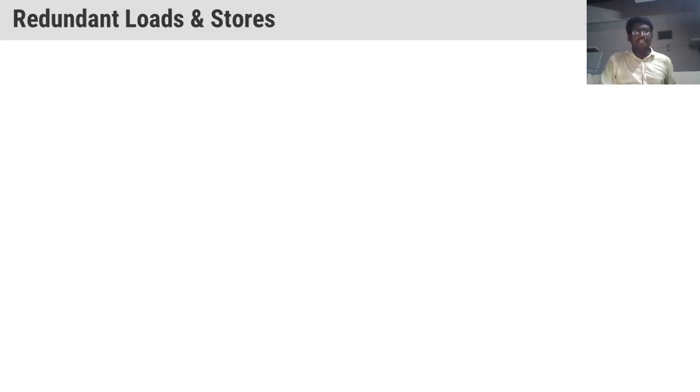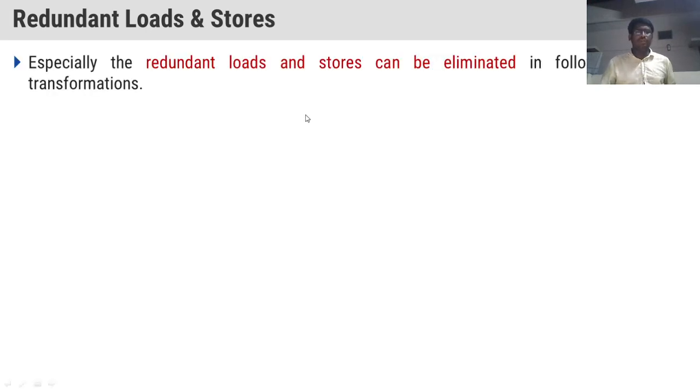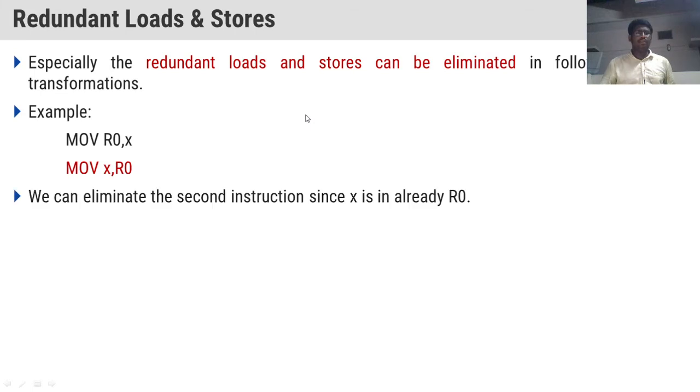First one is redundant loads and stores. What is this? Let us look at the example. Move r0 comma x and move x comma r0. We can eliminate the second instruction, since x is already there in the first instruction.